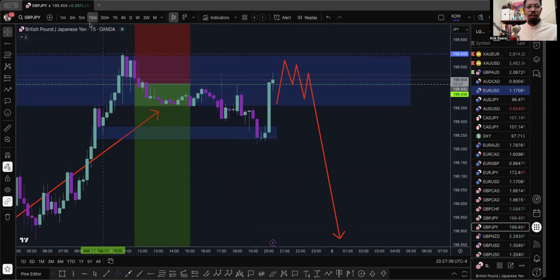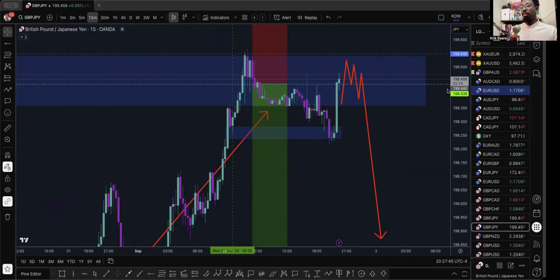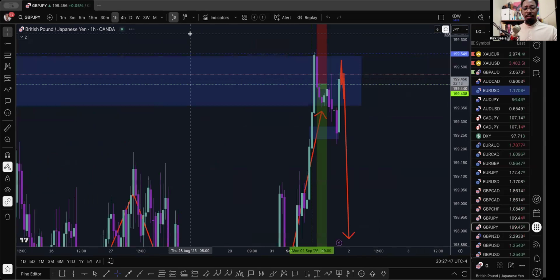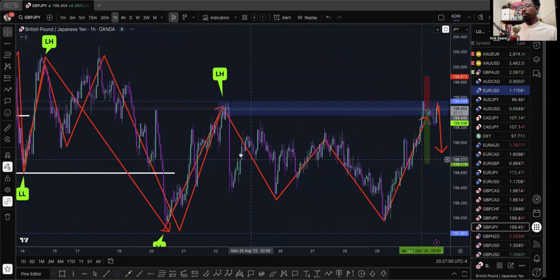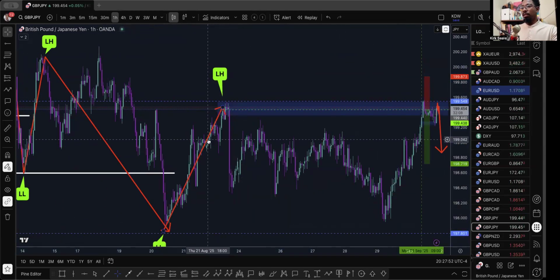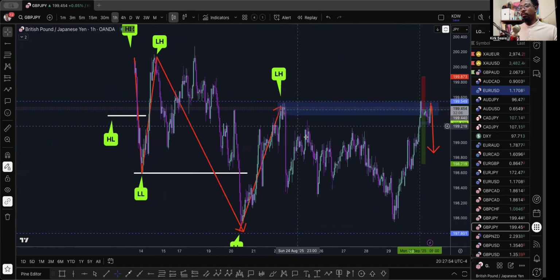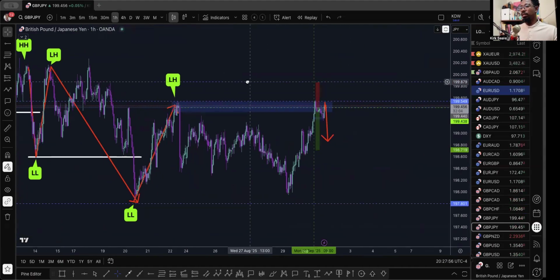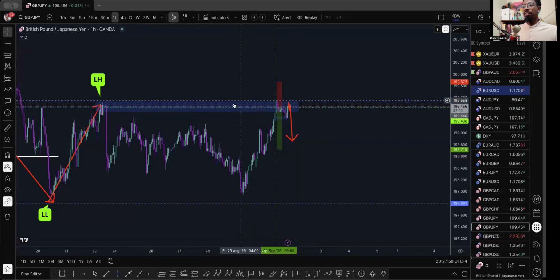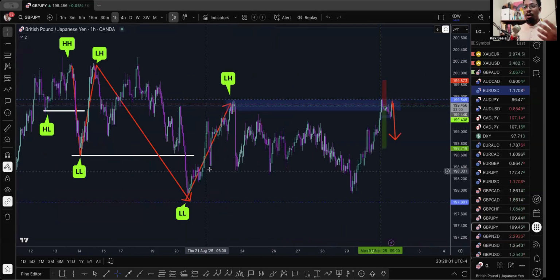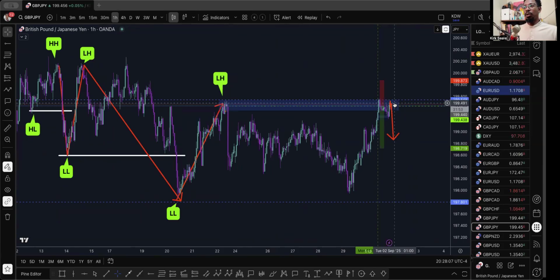So 15 minutes. So if you wanted to actually pay attention to this and see what was going on, here are a couple of things. Based on what we spoke about, we are at equal highs just from a 4 hour structure standpoint. This is a lower high, and we are now at like an equal lower high.